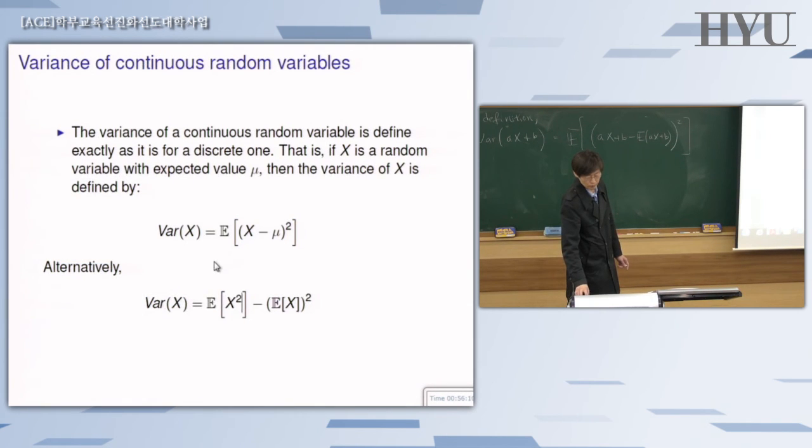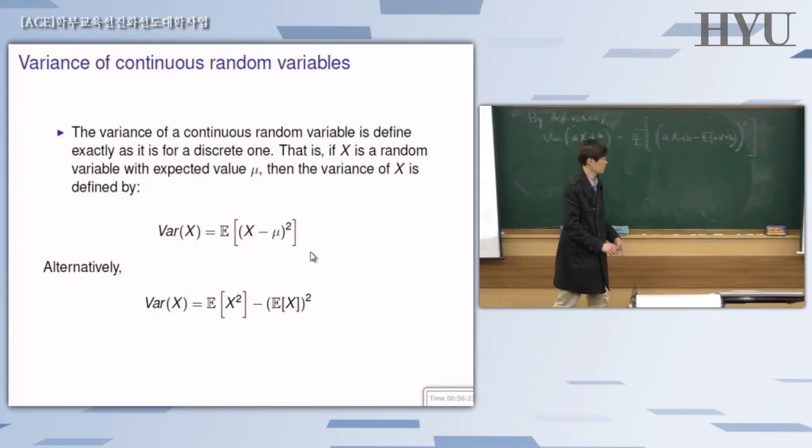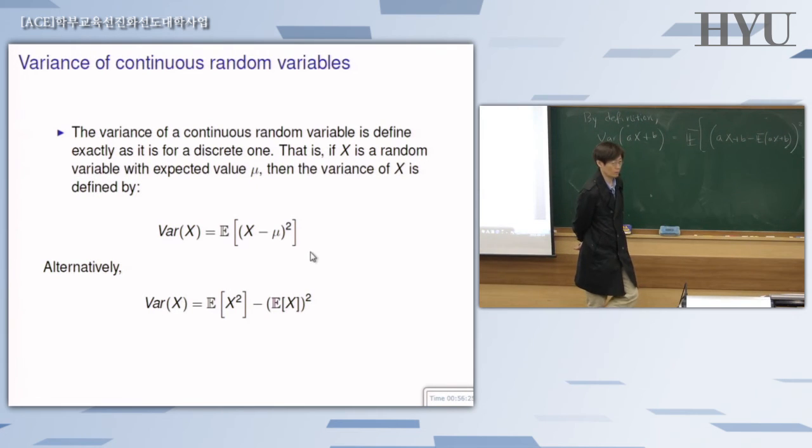So put a times x plus b into the place of x, and then put the expectation of that into the place of mu, and you see the right hand side. Now what?